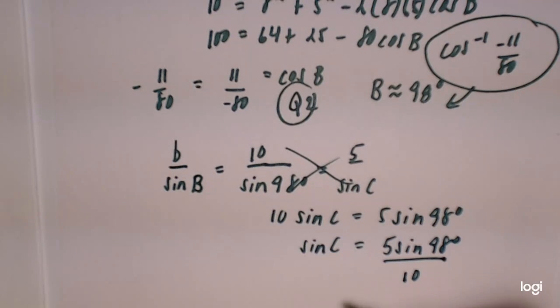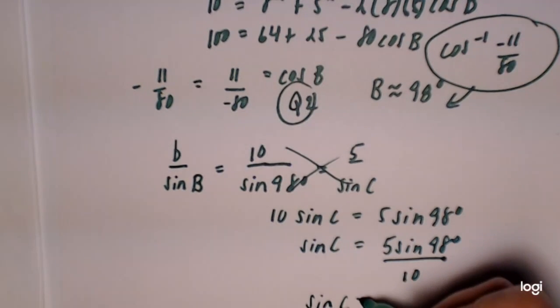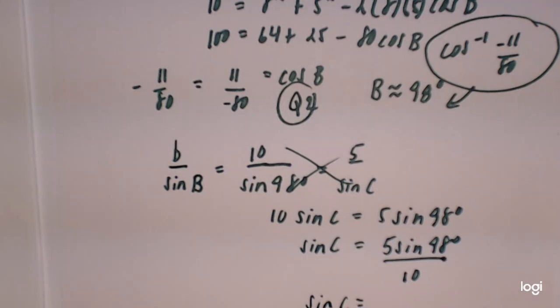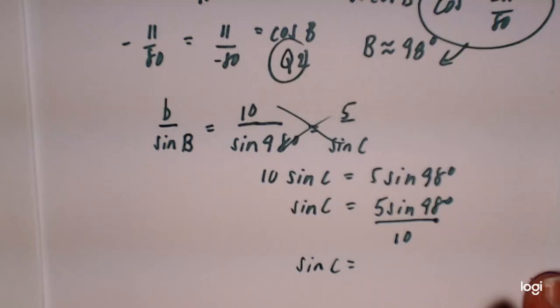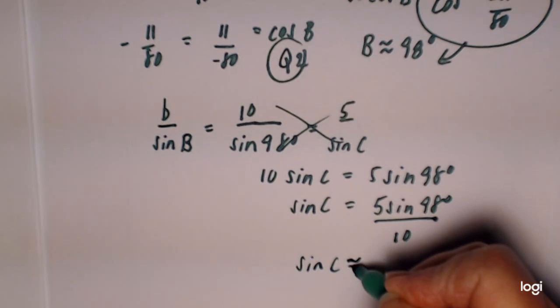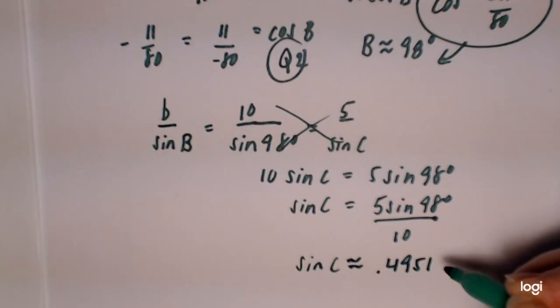Solving, we can do this two ways. We can either do inverse sine directly here to find the angle, or we can do the calculation out of this fraction, and we get that the sine of C is approximately equal to 0.4951.